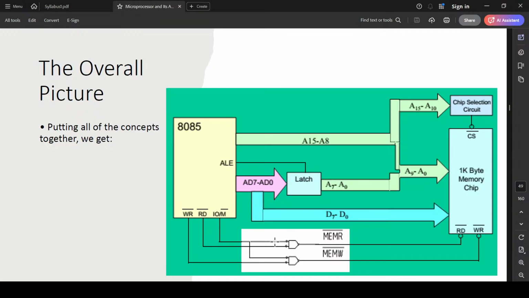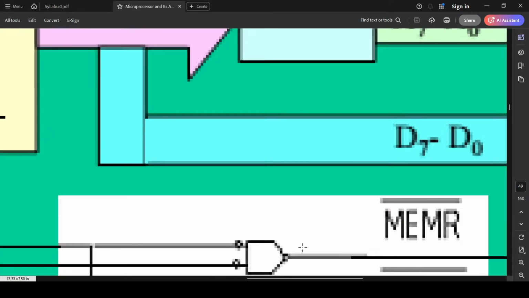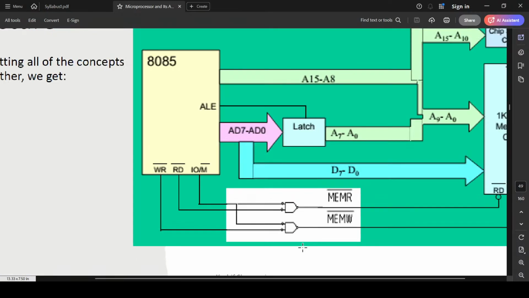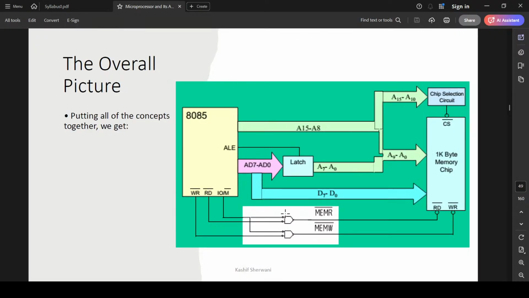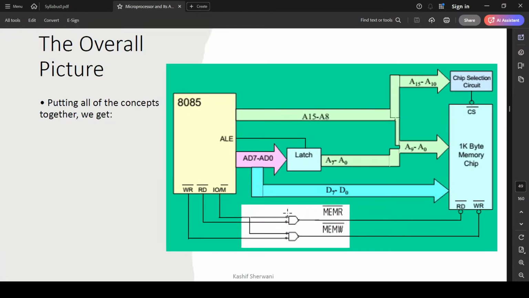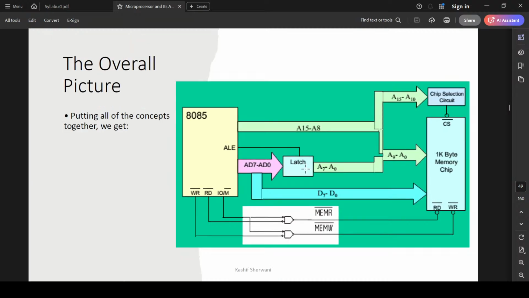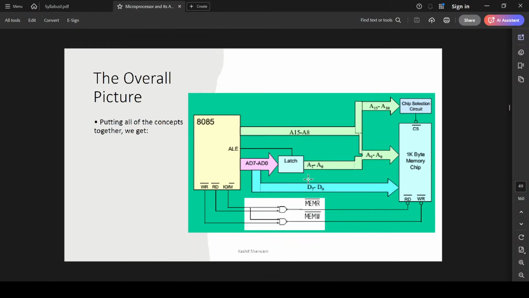This with read, which gate is this? It appears to be NAND. So it gets some gate function, then goes into the read input of the memory chip, and write becomes write. So this is the detailed view. Next slide.